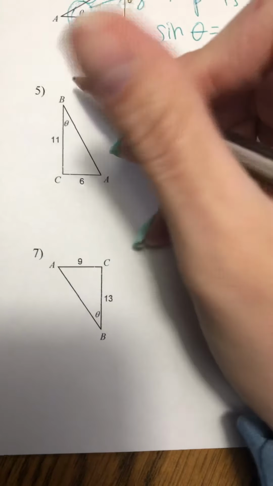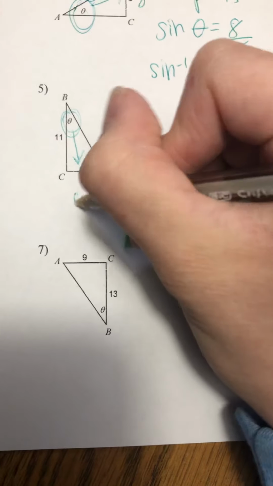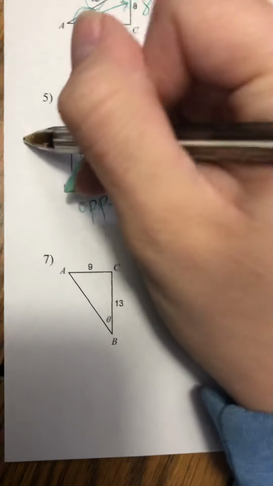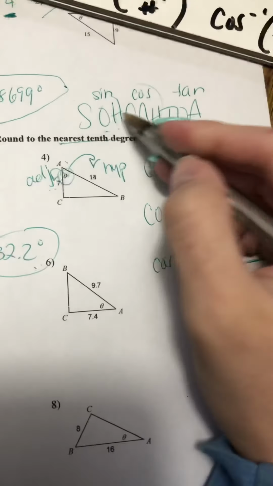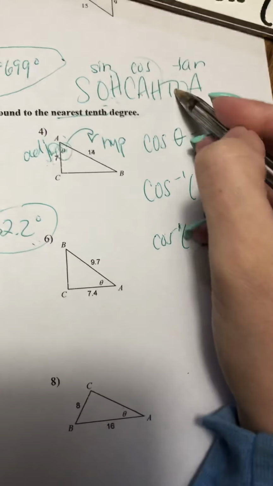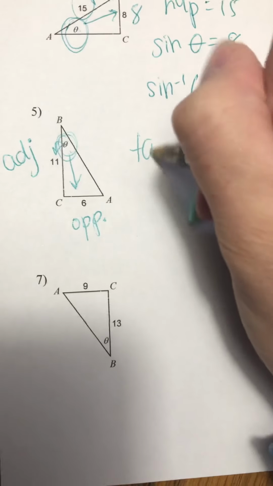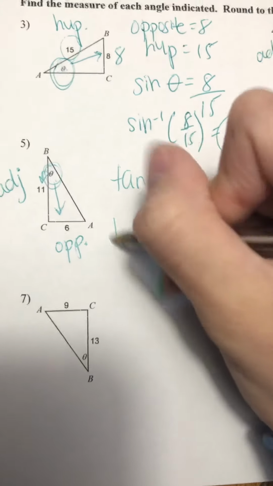Again, step one, compared to the angle, what do I have? I have the opposite and I have the adjacent. Which one of SOHCAHTOA has opposite and adjacent? It's tan. So tan of theta equals opposite over adjacent, so 6 over 11.